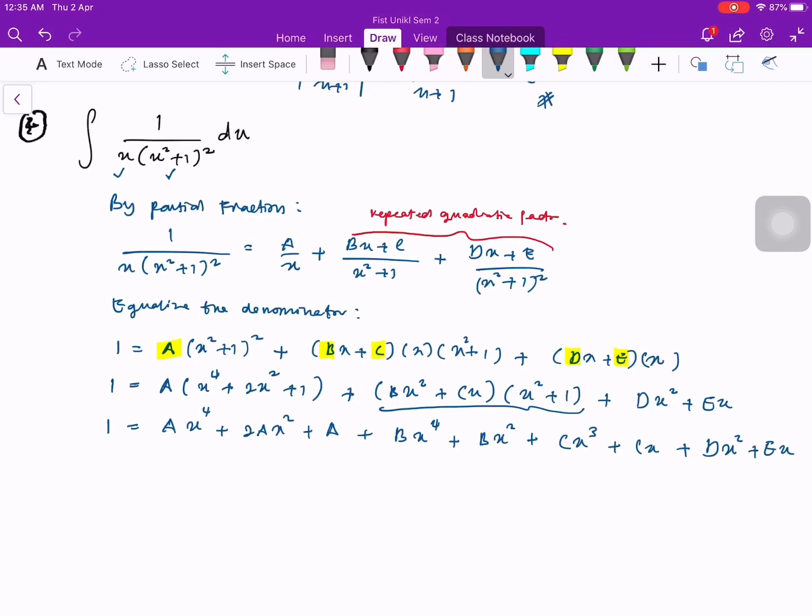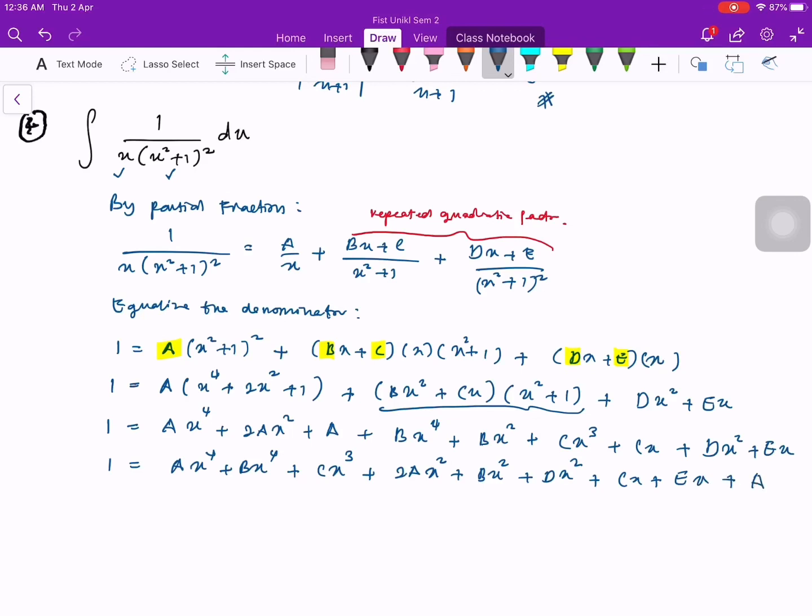Okay, we start with x to the power of 4, which is we have Ax to the power of 4 plus Bx to the power of 4, and then we have x cubed here, which is plus Cx cubed. Okay, then kita ada x to the power of 2, so 2Ax squared, plus Bx squared, and then we have plus Dx squared, and then we have x, which is plus Cx plus Ex, and lastly we have a constant A.